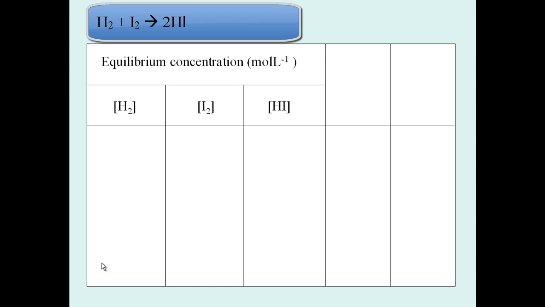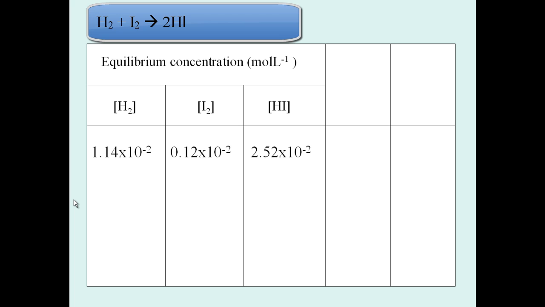And let's take a number of different reactions. We've taken hydrogen, we've taken iodine, and we've got some hydrogen iodide at equilibrium. We take any amount of hydrogen, we take any amount of iodine, and we get some hydrogen iodide.